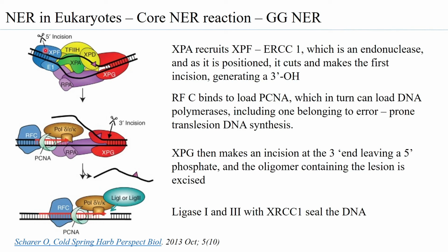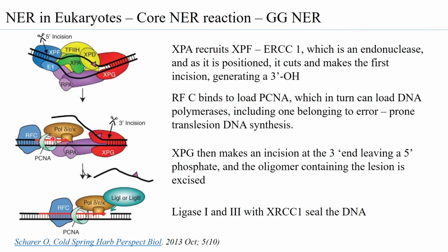Why is this strategic? Because once it generates the 3' OH group, you would have PCNA being loaded by the RFC, and if PCNA is loaded, you would have the DNA polymerases coming and attaching to the PCNA to begin synthesis using the 3' OH as a nucleophile.